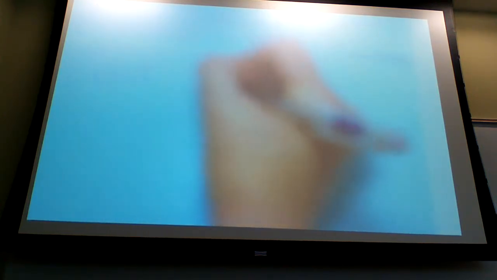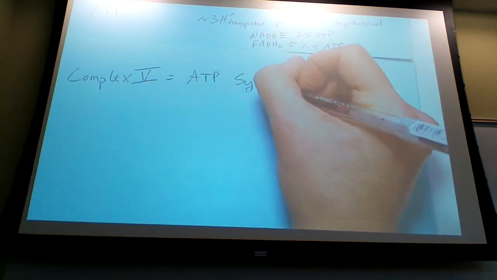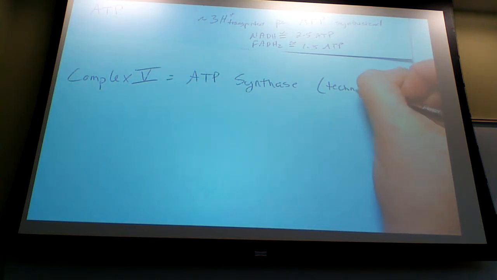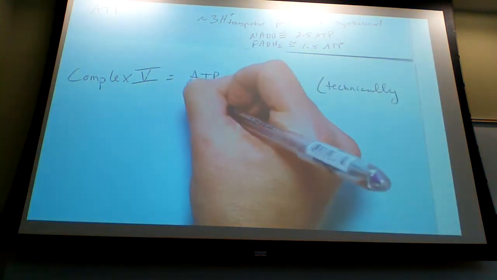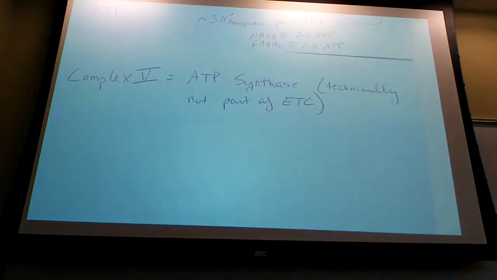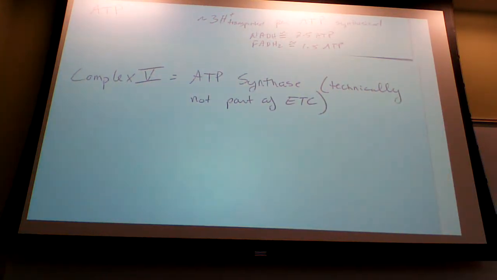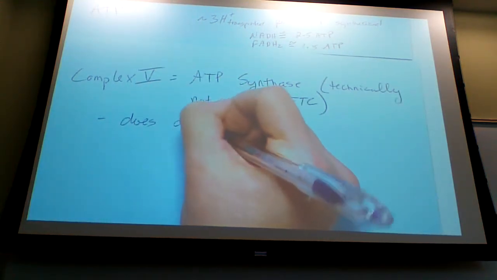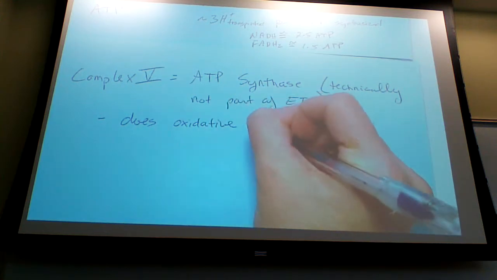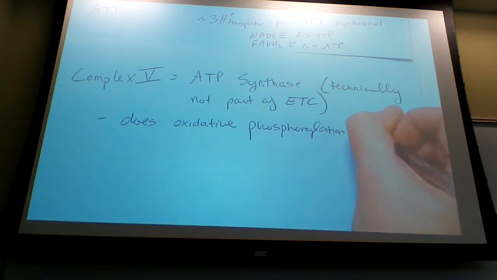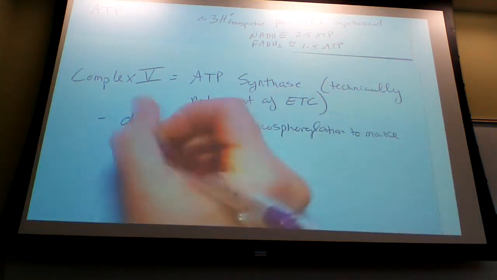So complex 5 equals ATP synthase. And this is technically not part of the ETC. This does oxidative phosphorylation to make ATP.